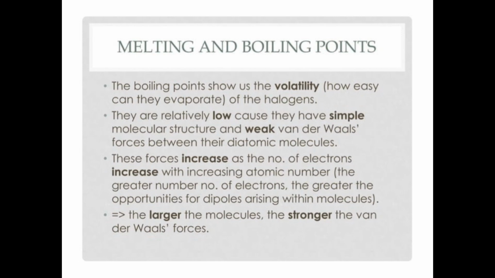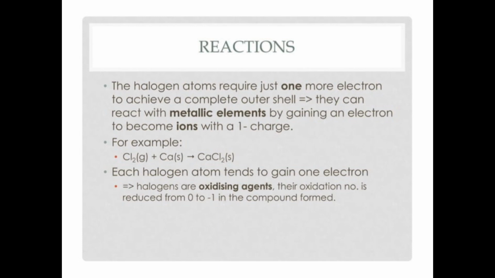the group. Okay, so the halogens, let's look at some of the reactions of halogens quickly. For instance, halogens require just one more electron to achieve a complete outer shell, to make an octet structure.